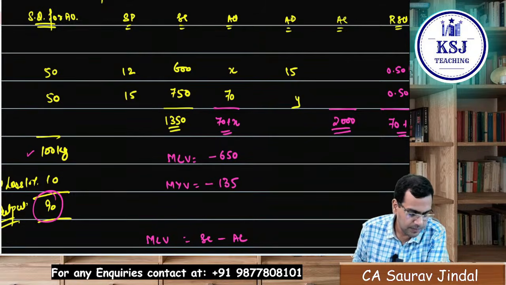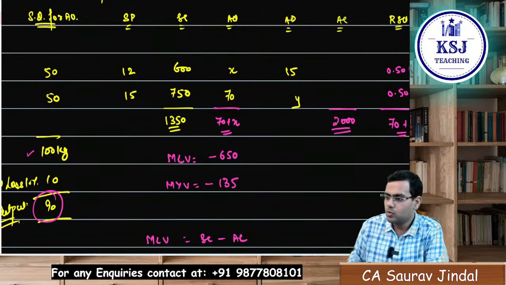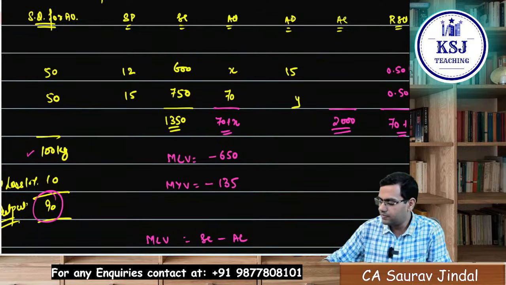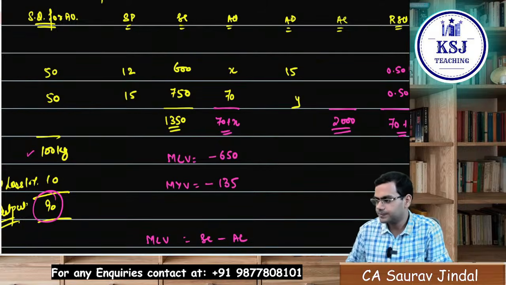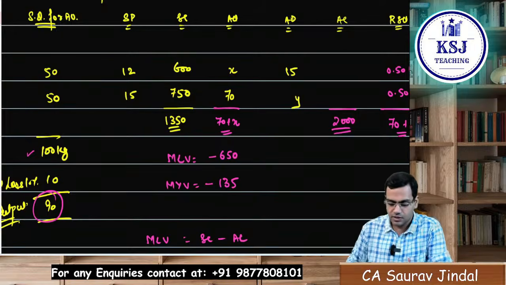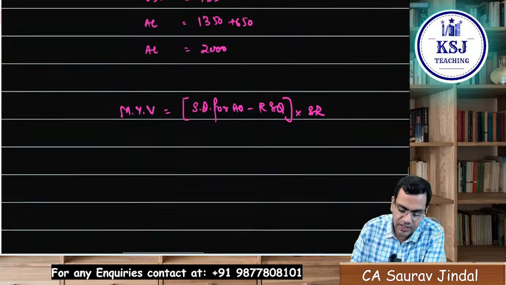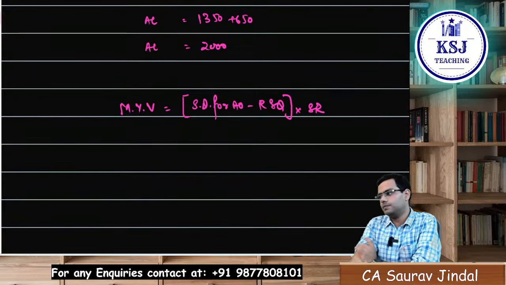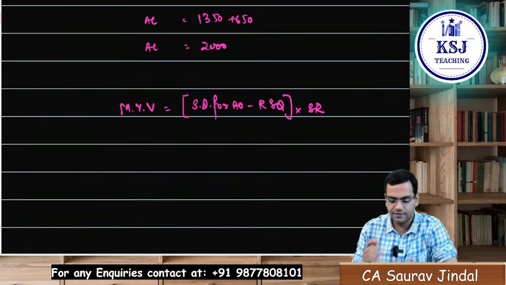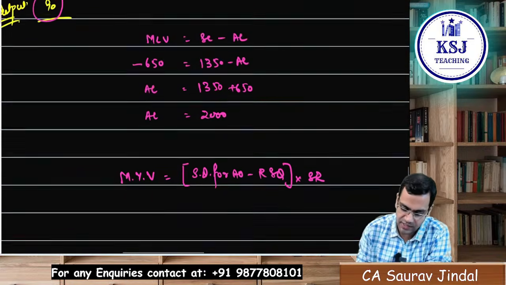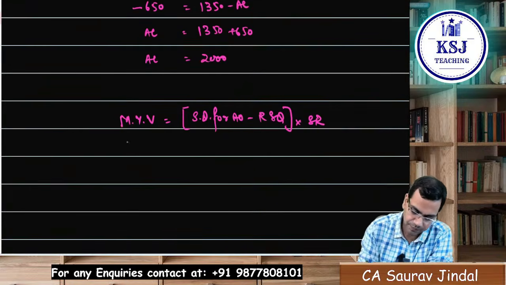Now, what will we do here, sir? This yield variance is given overall. Overall yield variance is given as minus 135. What is the standard quantity for actual output?